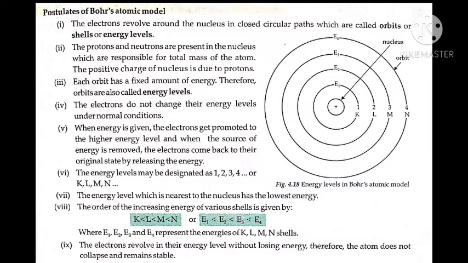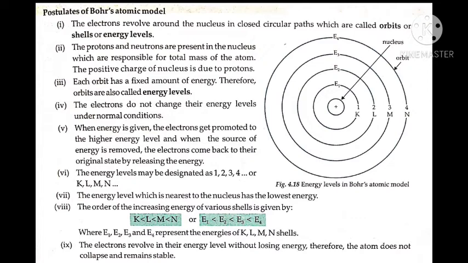The energy levels may be designated as 1, 2, 3, 4, etc. or K, L, M, N. The energy level which is nearest to the nucleus has the lowest energy. The order of increasing energy of various shells is given by K, L, M, N in increasing order.